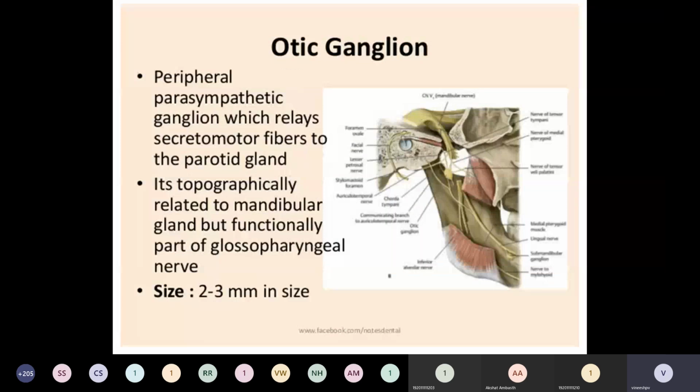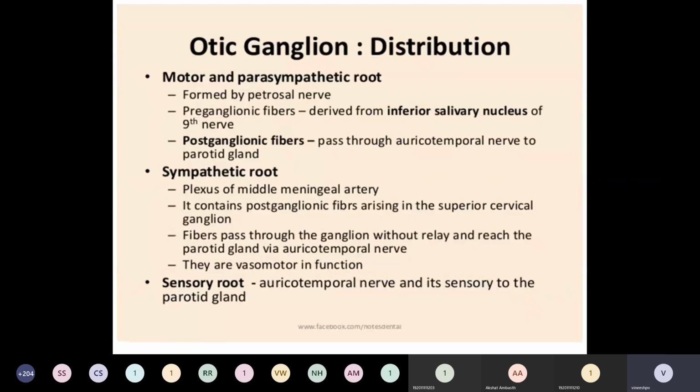First you write what it is and where it is situated, and topographically related to which nerve and functionally to which nerve. So the otic ganglion is near the parotid gland, so it supplies the parotid gland, topographically related to the mandibular nerve, but functionally to the glossopharyngeal nerve. Size is around 2 to 3 millimeter. Okay, three roots: parasympathetic root, sympathetic root, and sensory root. Fine.